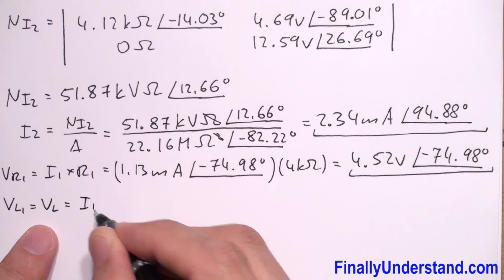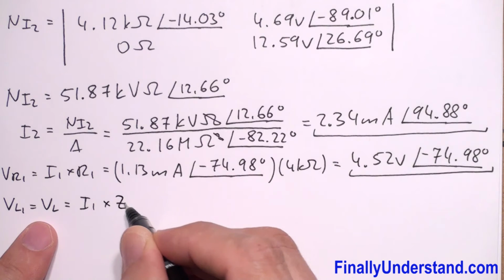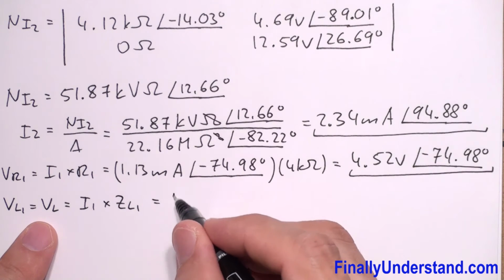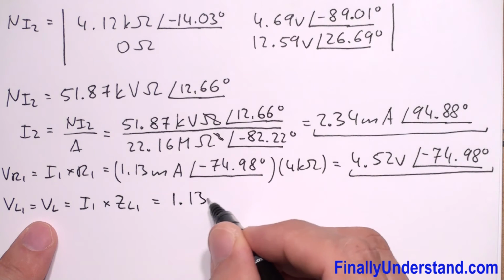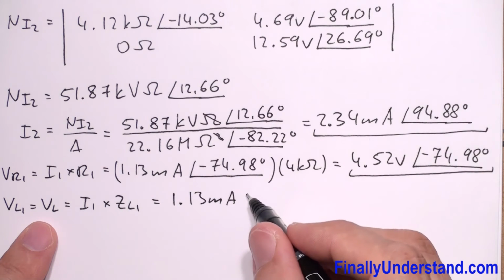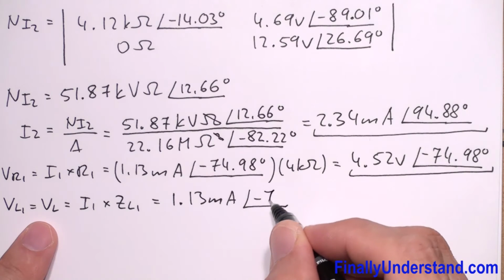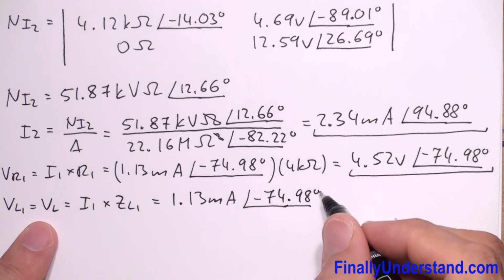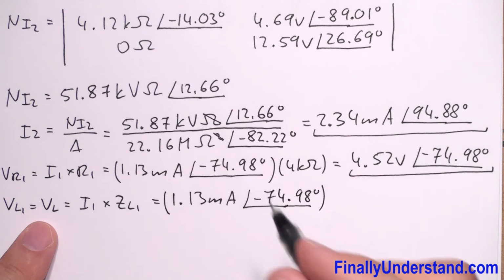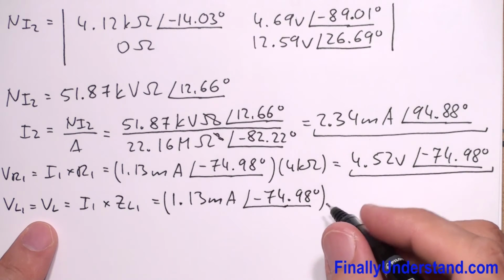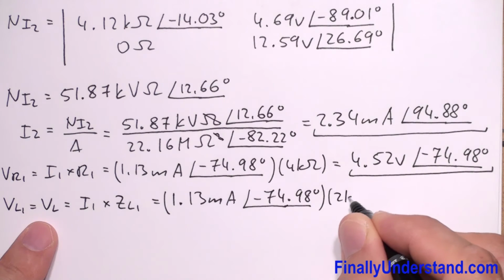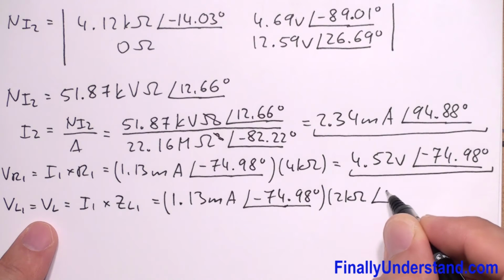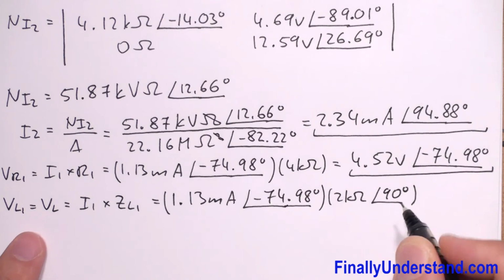So I have I1, 1.13 milliamps and angle of negative 74.98 degrees, times ZL1, which is equal 2 kilo ohms and angle of 90 degrees.